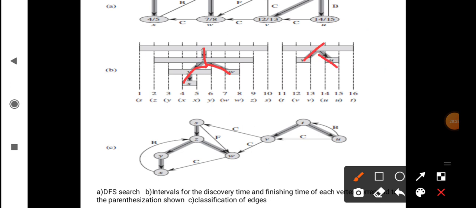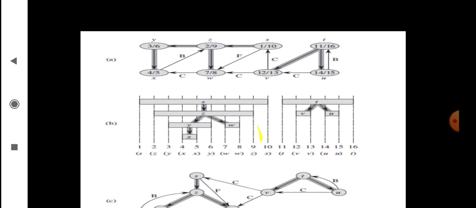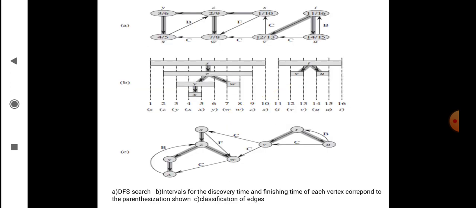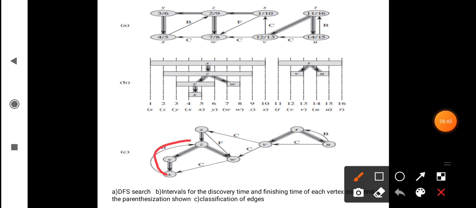This is known as a tree edge. And for the back edge, there is an edge from X to Z, that is represented here. That edge is known as a back edge.